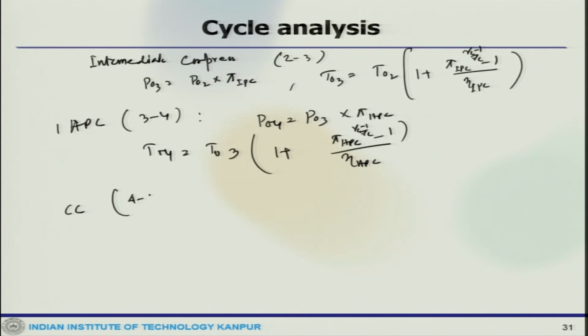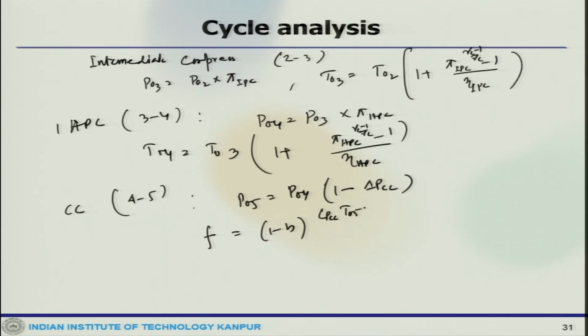Combustion chamber, which is 4 to 5, where P05 is P04 into 1 minus delta PCC, and it is 1 minus B into CPCC T05 minus CPC T04, divided by eta B QR minus CPCC T05.